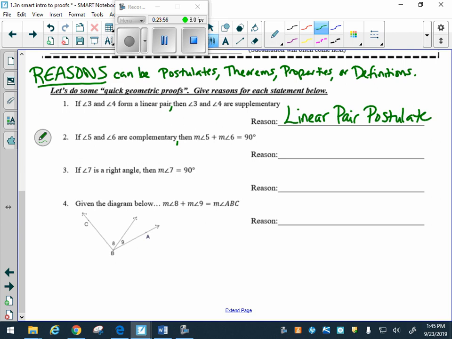This just says they're complementary. You might have angle 5 on your paper and I might have angle 6 on my paper. They're not necessarily going to be an angle addition postulate. So what might be the reason here? Yeah. Good. Definition of complementary.